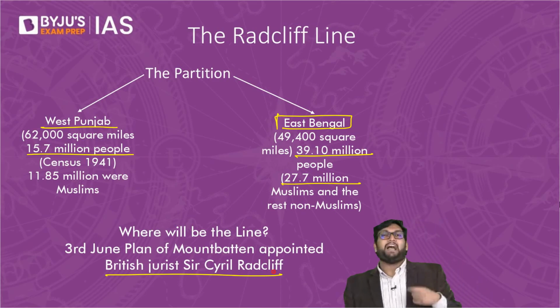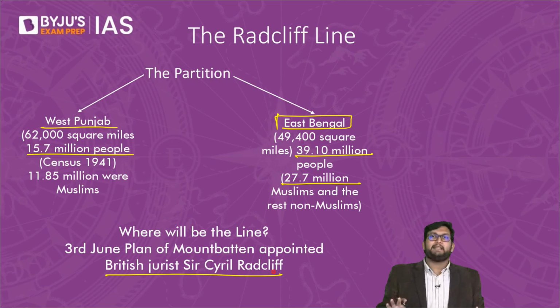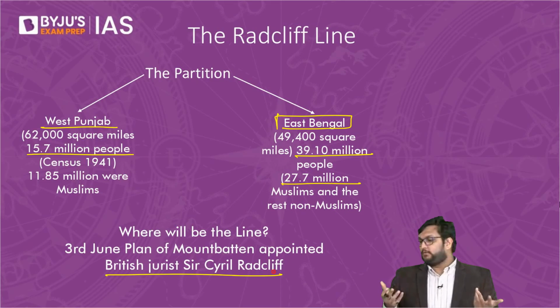Now, do you want to know the irony of this story? Yes. The irony of this story is that the two provinces which they chose technically did not have a Muslim vote bank in a way.